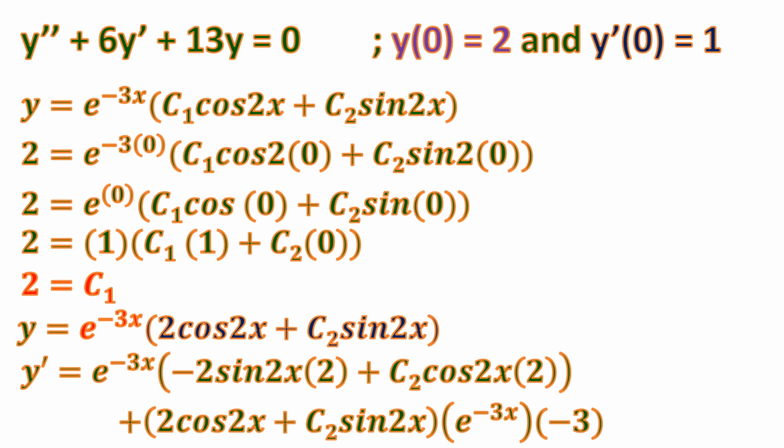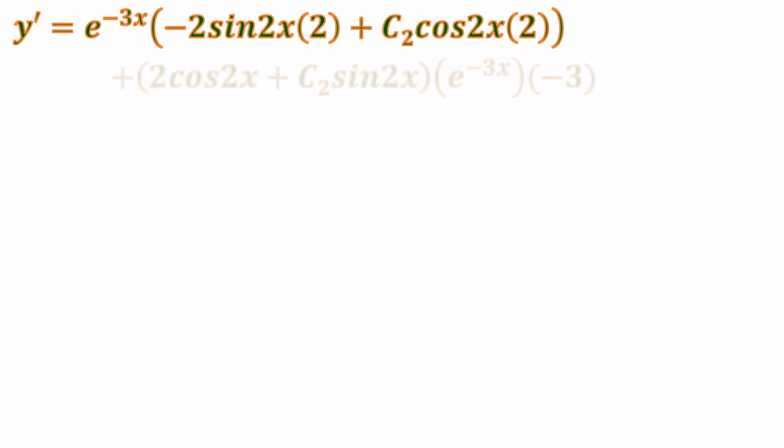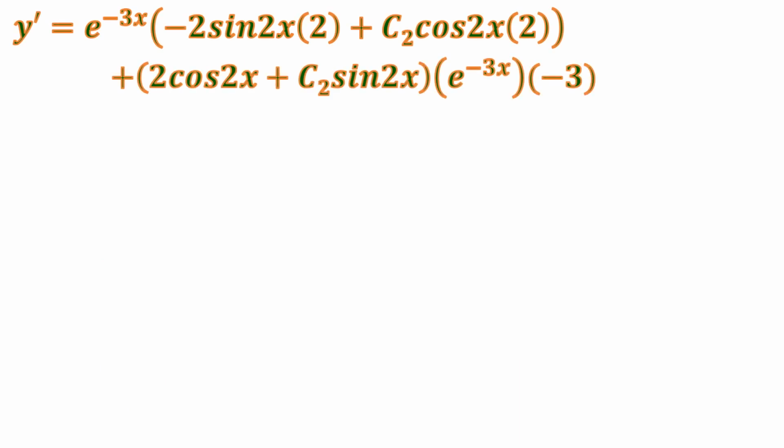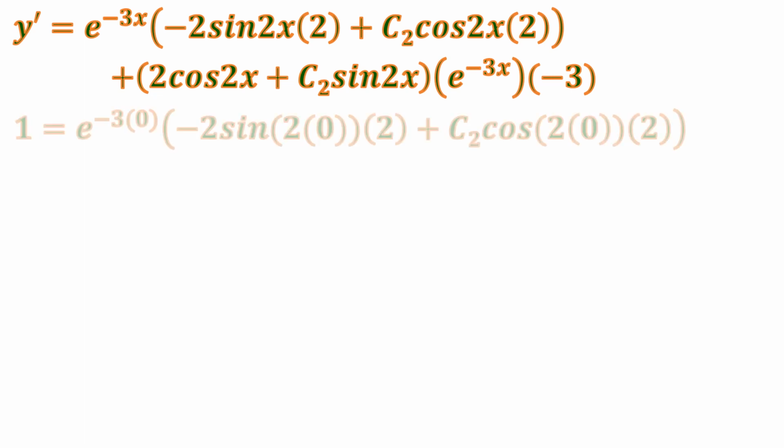Differentiating e to the negative 3x gives e to the negative 3x times the derivative of the exponent, so it's negative 3. Let's copy the first derivative because we don't have enough space, and then continue.